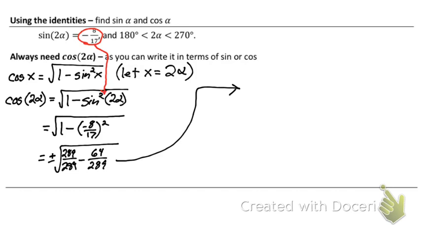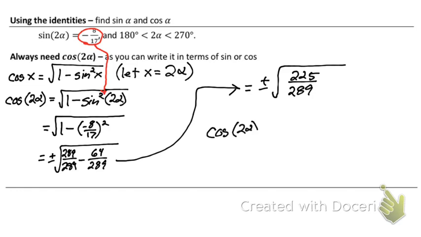Which, continuing to simplify, should be equal to plus or minus the square root of 225 over 289. Which means the cosine of 2 alpha equals plus or minus 15 over 17.